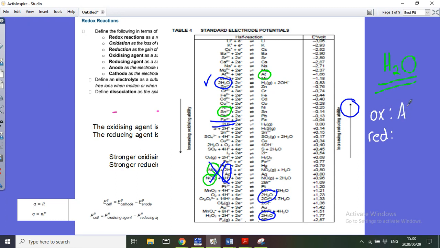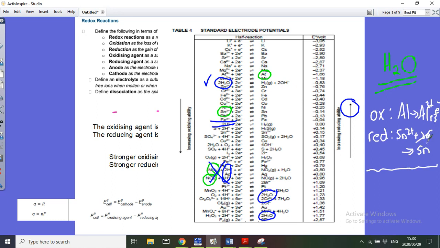So I will have Al that forms Al3+ plus 3 electrons. And I will have my reduction reaction, which is Sn2+ plus 2 electrons forming Sn. And that's the basis of redox reactions. All that they would require now of you is to go and balance the electrons. I think this you all found easy.